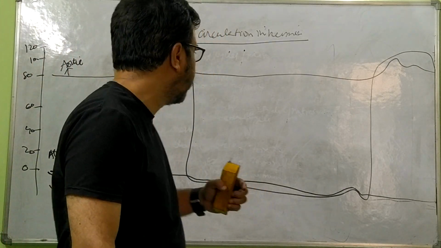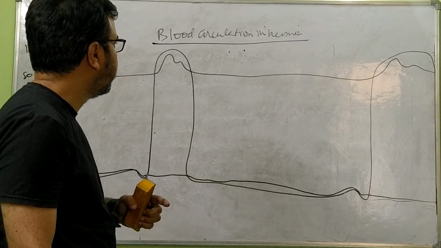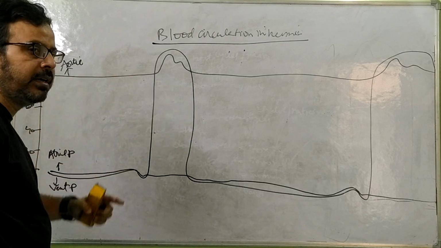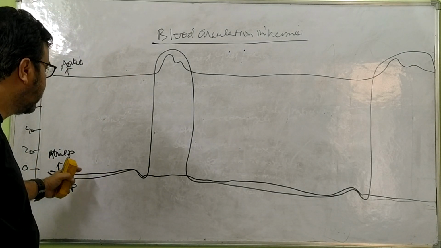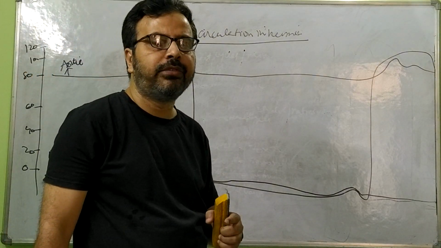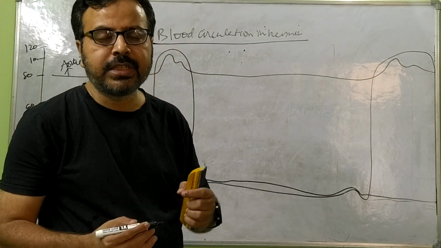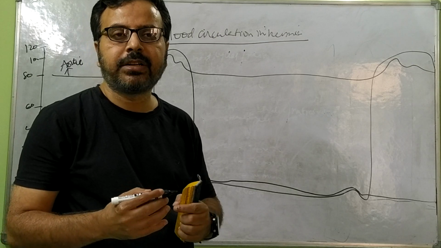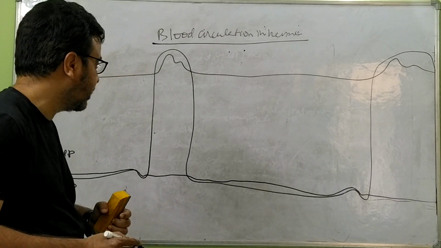So these two values, 80 and 120 mm of Hg, are the important values of aortic and ventricular pressure. The near zero value is also important, and these three combinations will lead to the opening and closing of the valves, leading to the synchronized contraction and relaxation, leading to the effective pumping of the blood in a cardiac cycle.